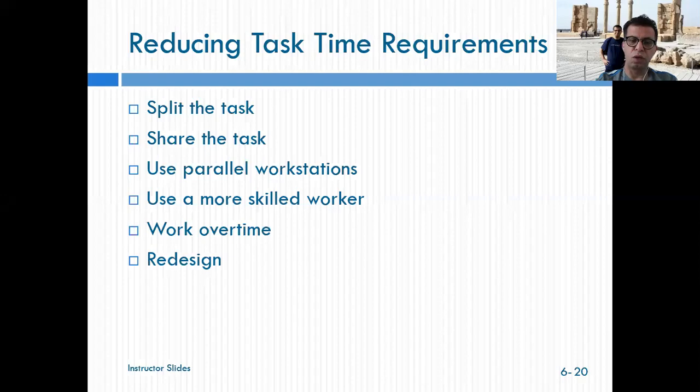We can use more skilled, more efficient workers, so they don't need to move the task from one station to another and can do it all in one. And we can probably work overtime or redesign the workflow itself. So these are the options for reducing task time.